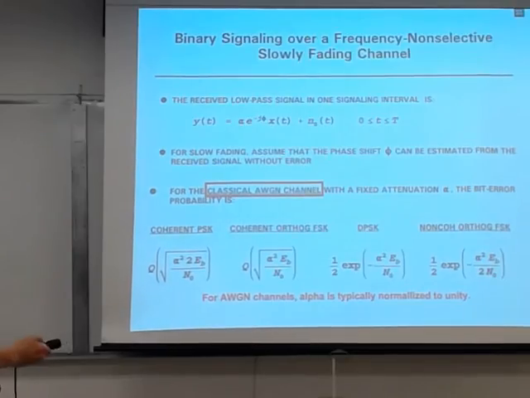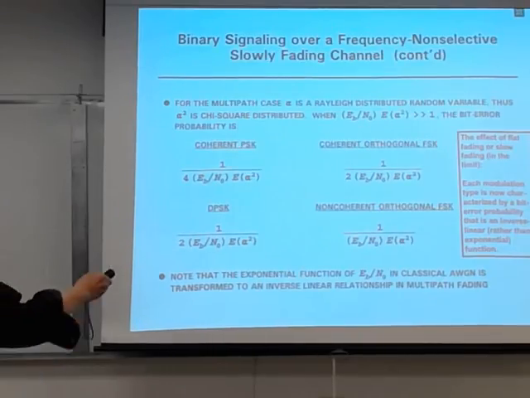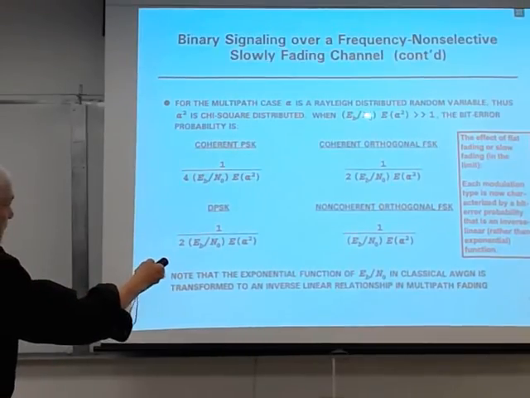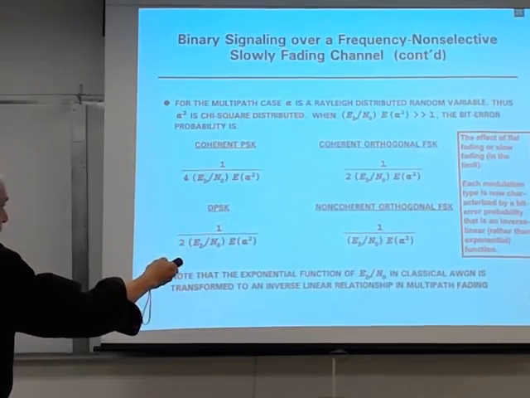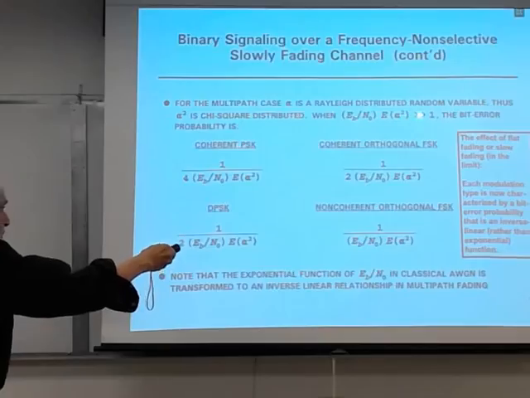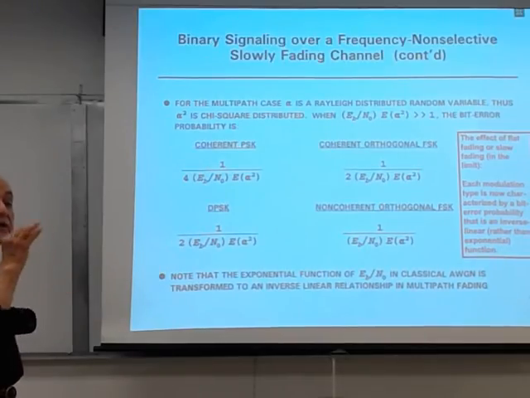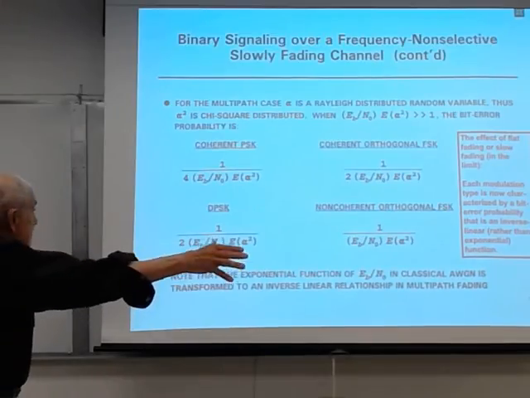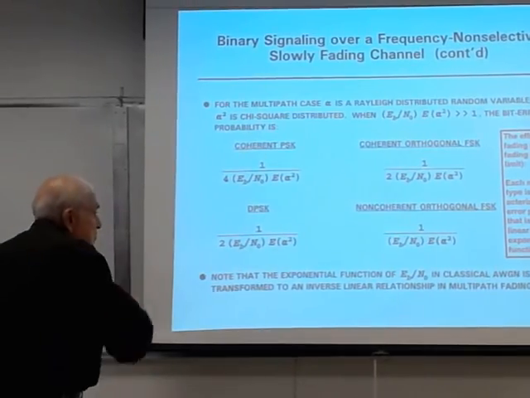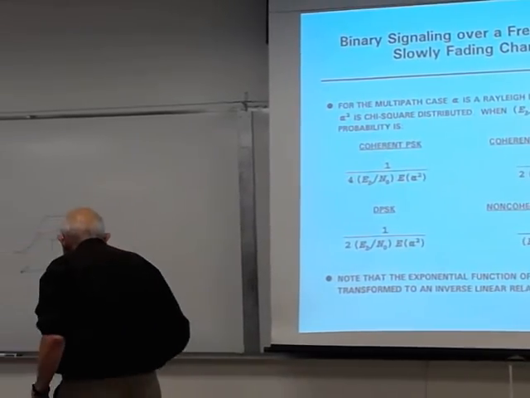For the classical case, you just replace this with unity, and notice what happens. All this is saying is that Eb over N0 times the expected value of alpha squared should be much larger than 1. But all that means is for any significant amount of Eb over N0 above 0 dB, this is what every one of those classical modulation types look like.